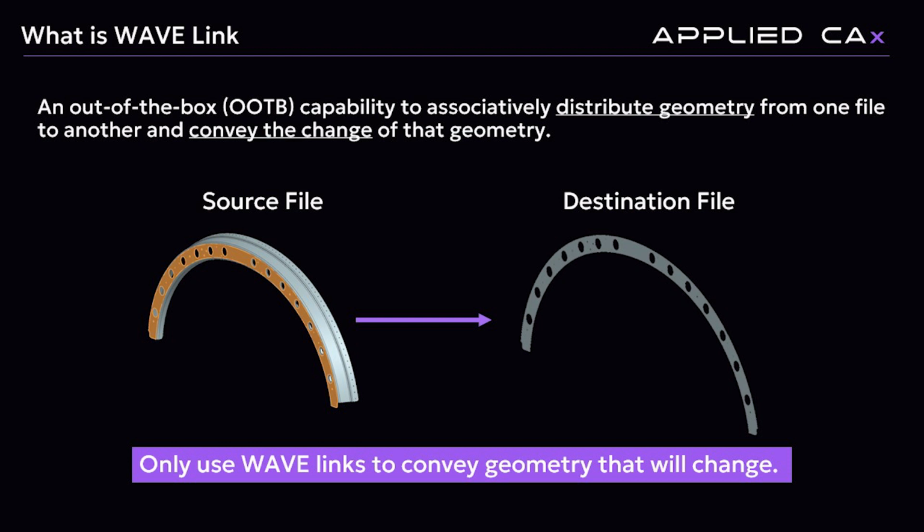In this case, basically the face of this fuel inlet is the only thing that needs to be copied over instead of the whole body. But the important point here is it is only for geometry that changes, not static geometry. Use copy and paste if you're going to just transfer something that you want to see in another part or an assembly.